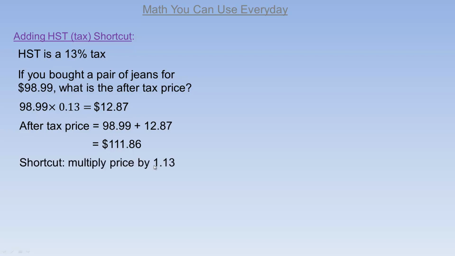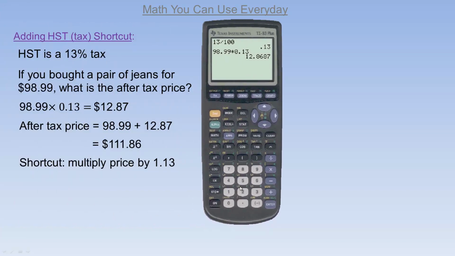Now the shortcut is this: if you're adding 13% to something, then you're actually finding 113% of it, because the original price is the 100%, the $98.99, and if you add 13% to that, see, there's the 113%. If we divide that by 100, that's where I get the 1.13 from.